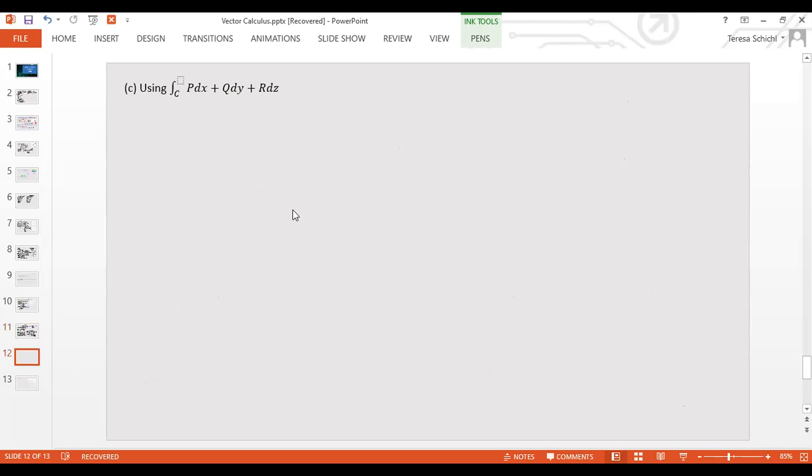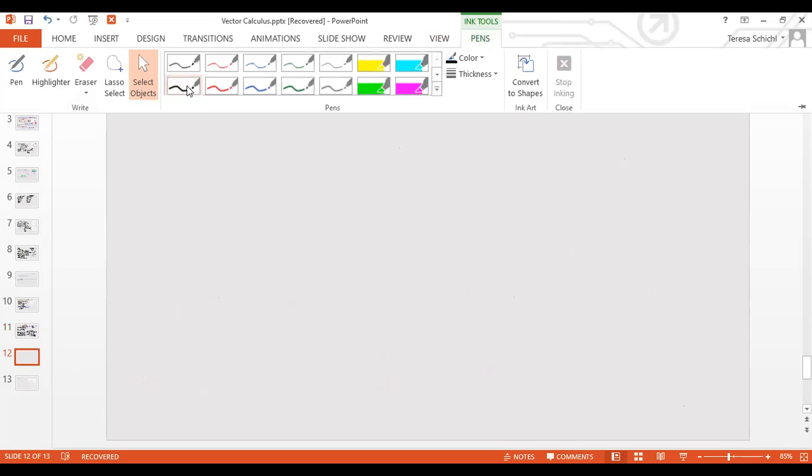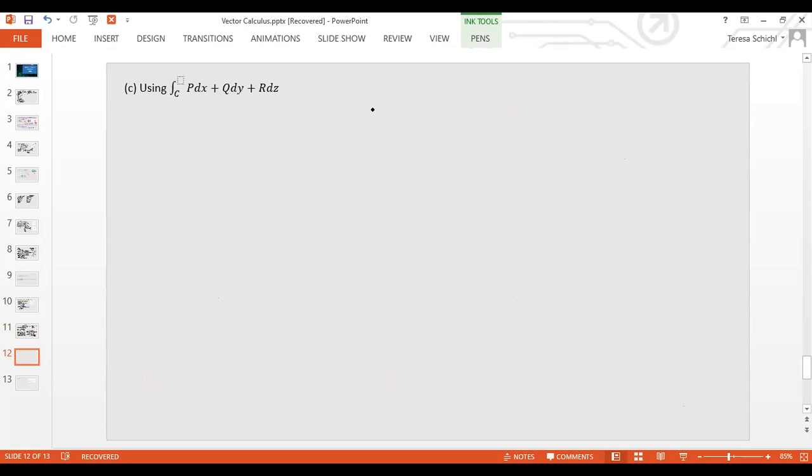Okay, now let's take a look at method number 3. How do I use components to integrate that? Since we are on a different slide, let me write it again.